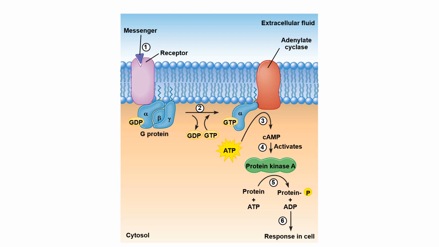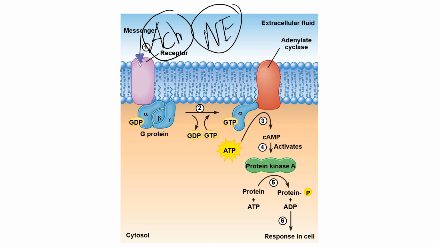Well, because sympathetic neurons synapse with the sinoatrial node, so presumably those sympathetic neurons release norepinephrine onto the sinoatrial node, and parasympathetic neurons synapse with the sinoatrial node, so presumably they release acetylcholine onto the sinoatrial node. So the point is, there's got to be receptors for norepinephrine on the sinoatrial node fibers and for acetylcholine on the sinoatrial node fibers.